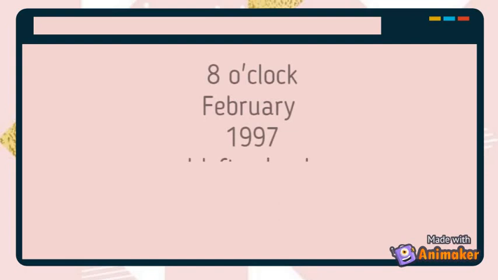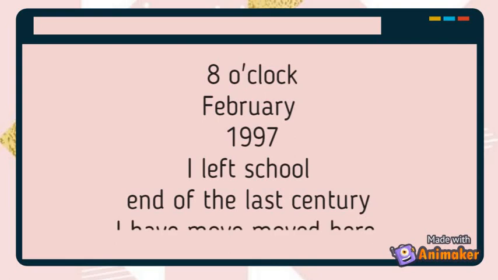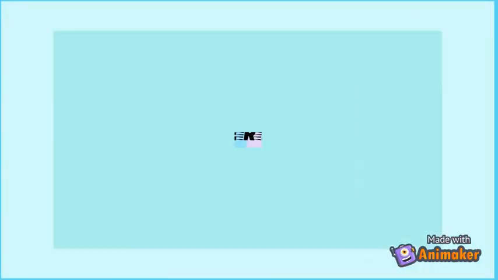So we use since 8 o'clock, since February, since 1997, since I left school, since the end of the last century, since Monday. We can also use a time phrase such as I haven't met many people since I moved here. That means it doesn't always need a date or a fixed time. It can also be a time phrase, but it needs to be a starting point.